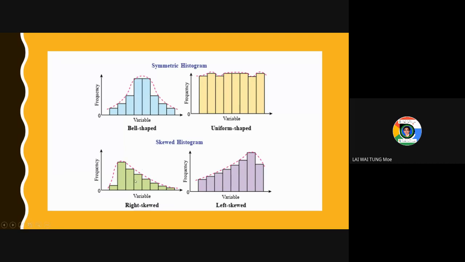This is a right skew. Right skew means first it goes up and then gradually comes down toward the right-hand side. Opposite to this is a left skew. So these are the four types of data distribution.